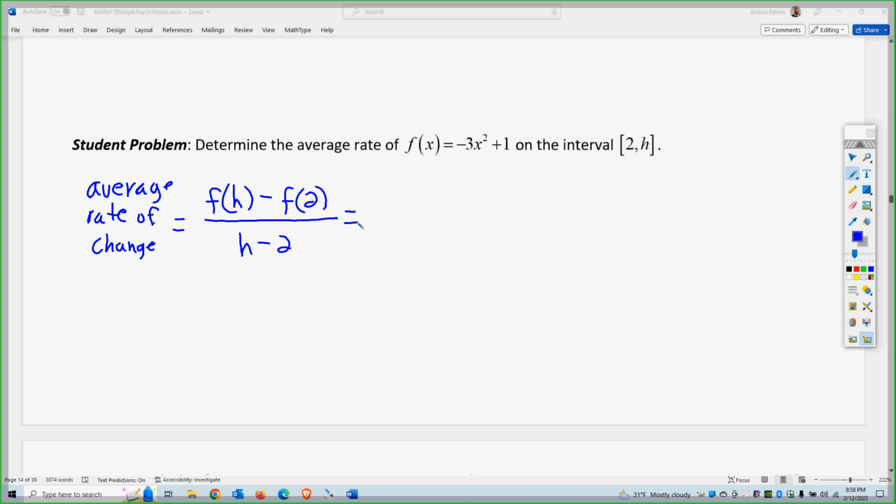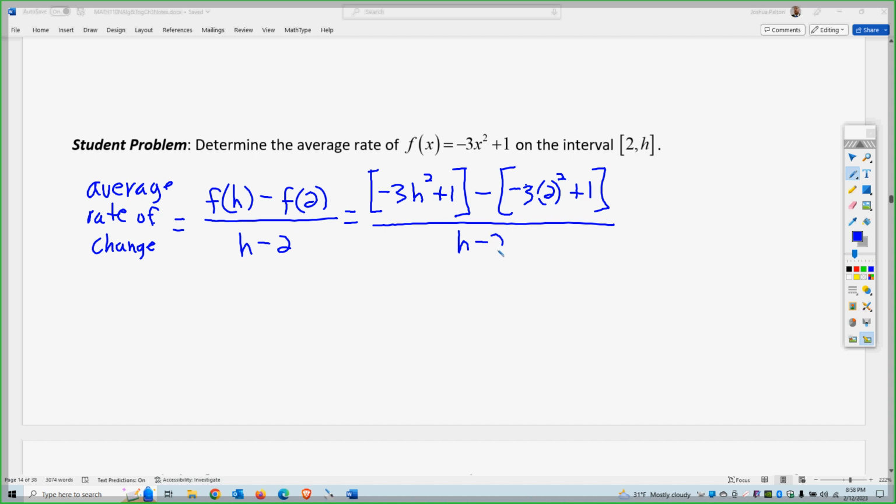Okay, so the first one, negative 3h squared plus 1, minus, or put 2 in the second one, so negative 3 times 2 squared plus 1. That 3 didn't come out very good. We'll try that again. That's better. All right, so over h minus 2.